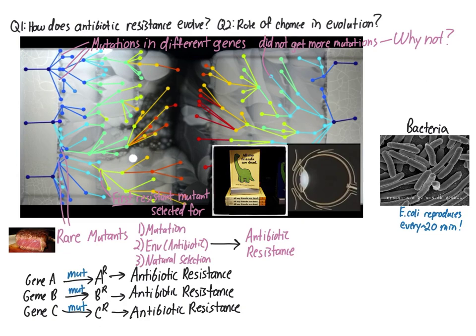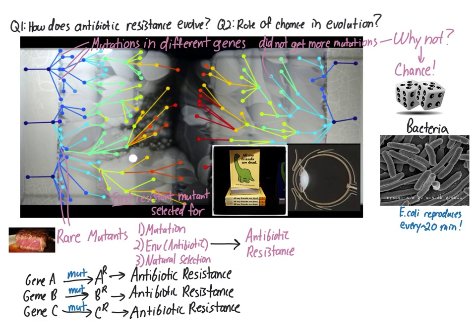Okay, and the answer, as you might have remembered from previous videos, is chance. Mutation is random, and these cells just happen to get an additional antibiotic resistance allele through random mutation. These just happened to not get an additional antibiotic resistance allele through mutation.